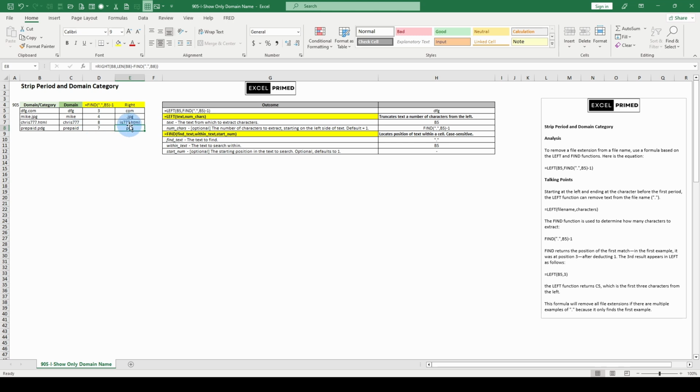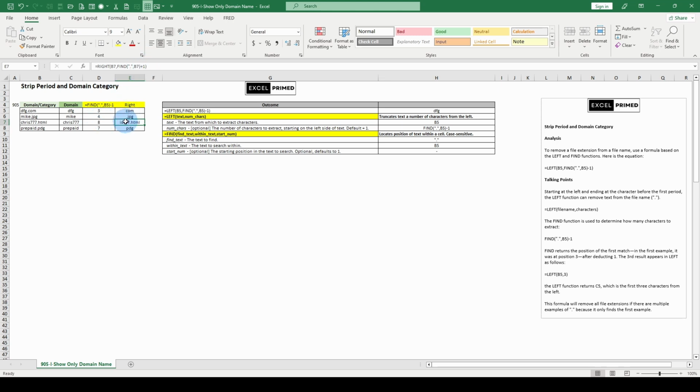Going back up here, let me explain this to you. We have RIGHT, B7, FIND. FIND is going to be 8. What we're doing is counting 8 characters, F9. We're just grabbing from the right, going left. We're going to count 8 characters because we know this FIND function -1 is going to be 8, but then we added 1.